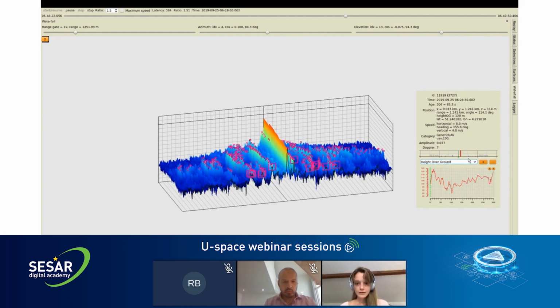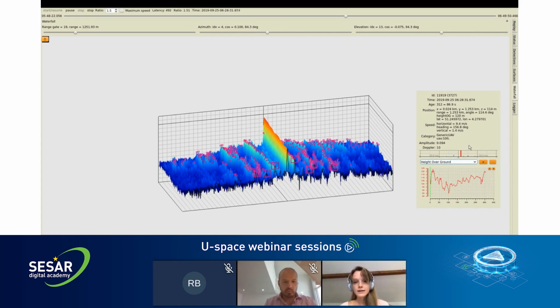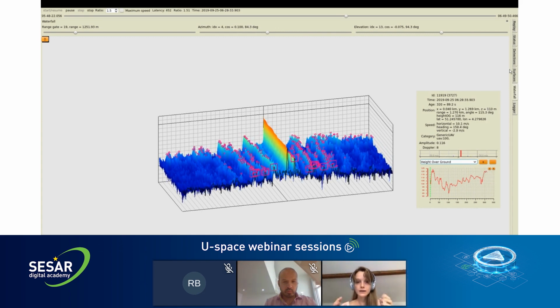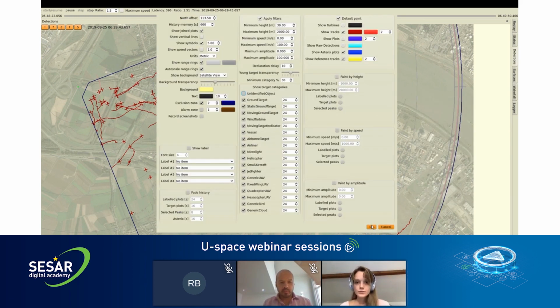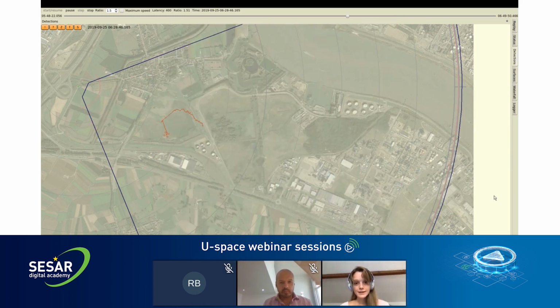And here you can see how they actually did that based on Doppler and other technologies to determine if something is likely to be a drone, and if it is a drone, if it is likely to be a threat. So here you can see, oh, that was a bit too quickly, but there you can see the parameters that you can set yourself.